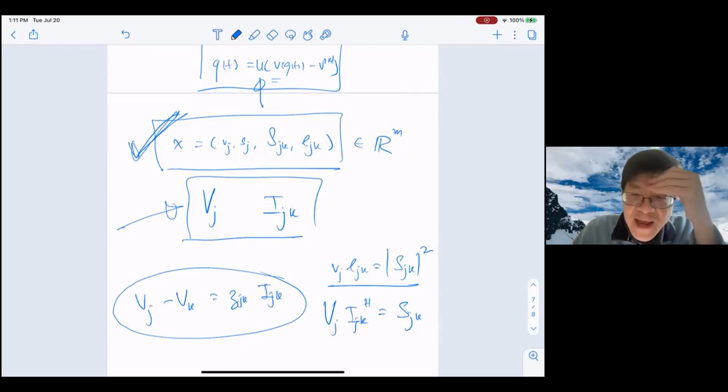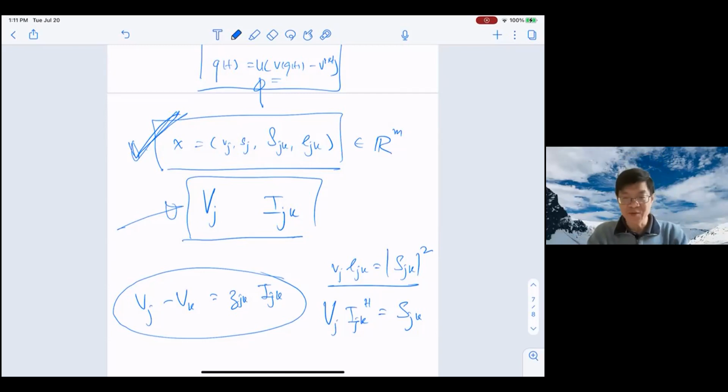On Canvas, I attached a paper that is a tutorial on semidefinite relaxations of OPF, and particularly part 2 of that tutorial. Part 2 looks at particularly the exactness issue. So that's what's on Canvas.